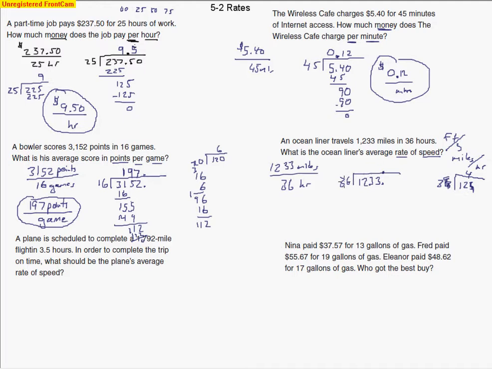So if I did 30 times 4, that would be 120. Well, I need 123, and I've got 36, not 30. So that tells me I need to use a 3. And so 3 times 6 makes 18. 3 times 3 makes 9, plus 1 makes 10. So that makes 108. So I got to borrow a little bit, and I'm left with 15.